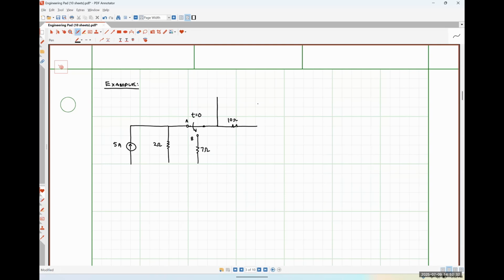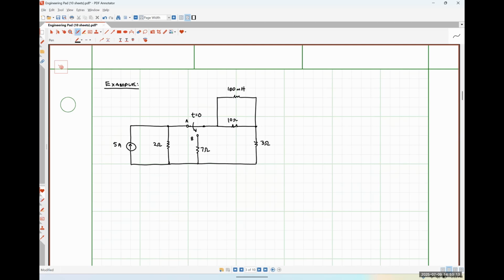In parallel with this 10 ohm resistor, I have a 100 millihenry inductance. And then lastly, over here, I have a 3 ohm resistor. So this is our circuit. It seems a bit more complicated than our generic circuit, but we'll get through it.